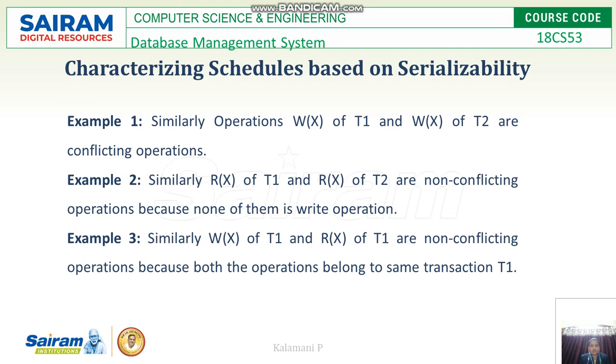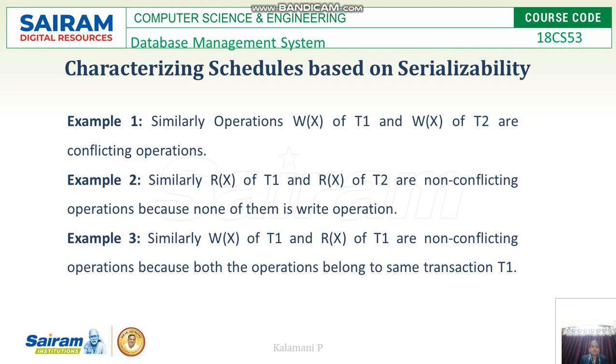Wx of T1 and Rx of T1 are non-conflicting operations because both belong to the same transaction T1. It should be different transactions to be conflicting, but here both are transaction T1 only. So there is no conflict.